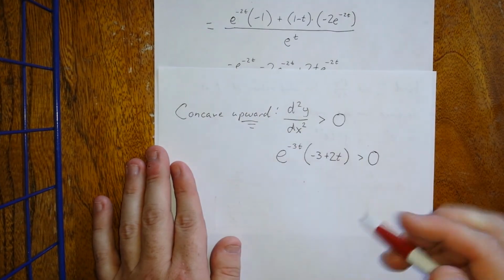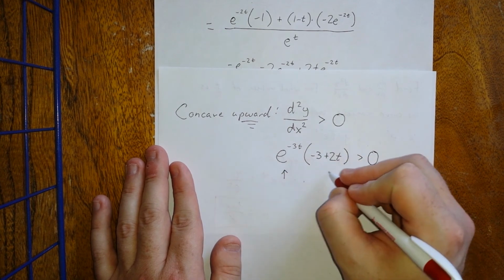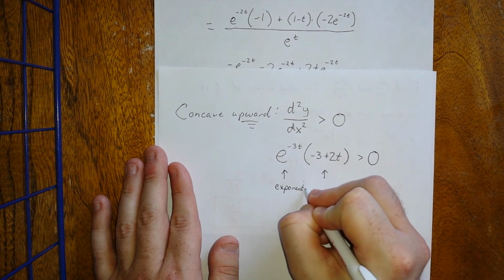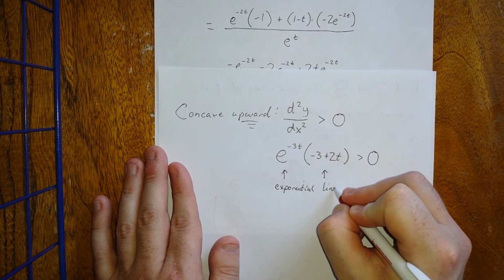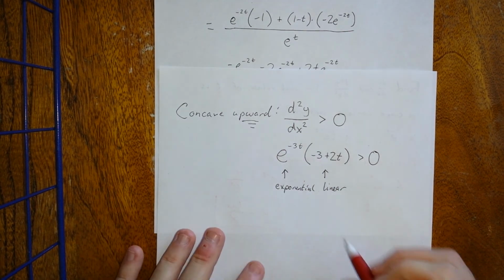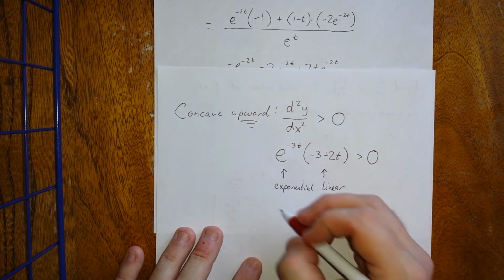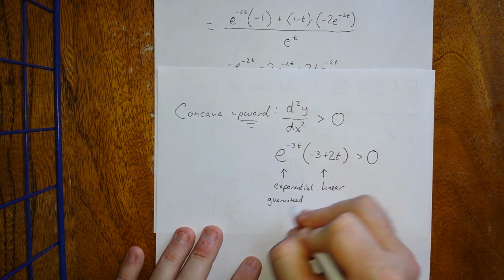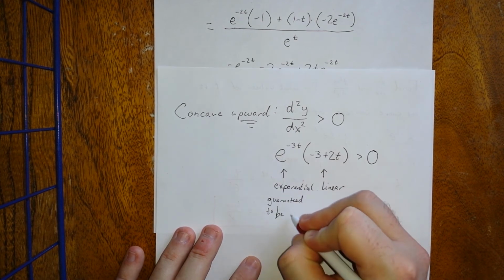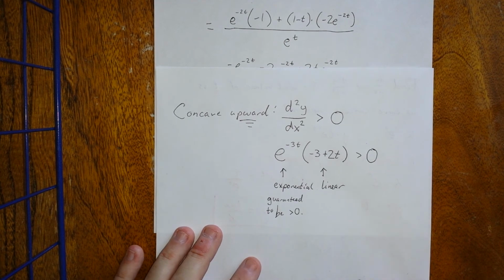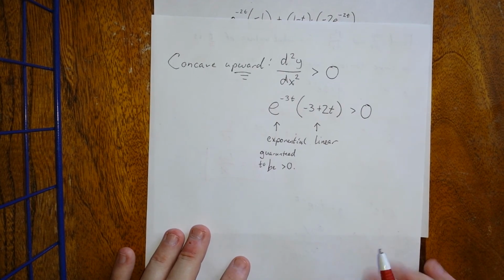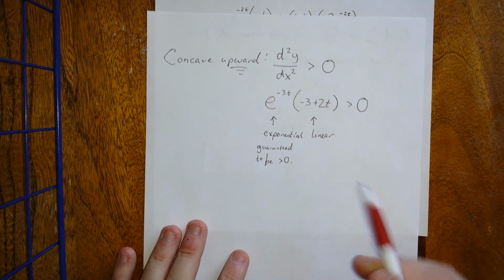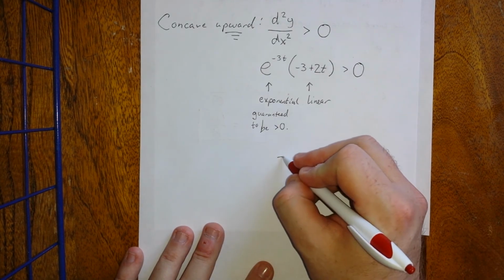Now, something that I'd like to point out is we have an exponential times something linear. Exponential, and this is linear. Now, an exponential function like e raised to a power is guaranteed to be greater than 0, or guaranteed to be positive. So, given that it's guaranteed to be positive, we pretty much just need to worry about whether this linear factor is positive or negative.